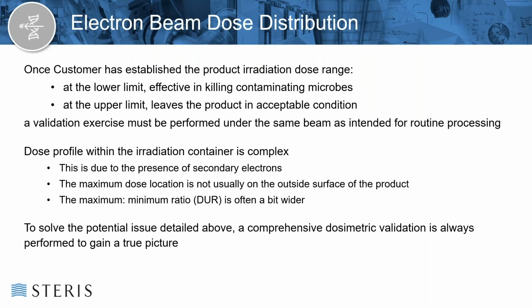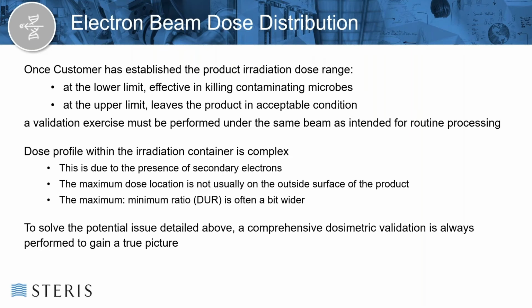So the manufacturer needs to assess their product for functionality. And that functionality depends upon the design of the product. There could be many attributes to functionality that need to be assessed during the product development process. To establish these dose ranges, a validation exercise must be performed on the same beam intended for routine processing.